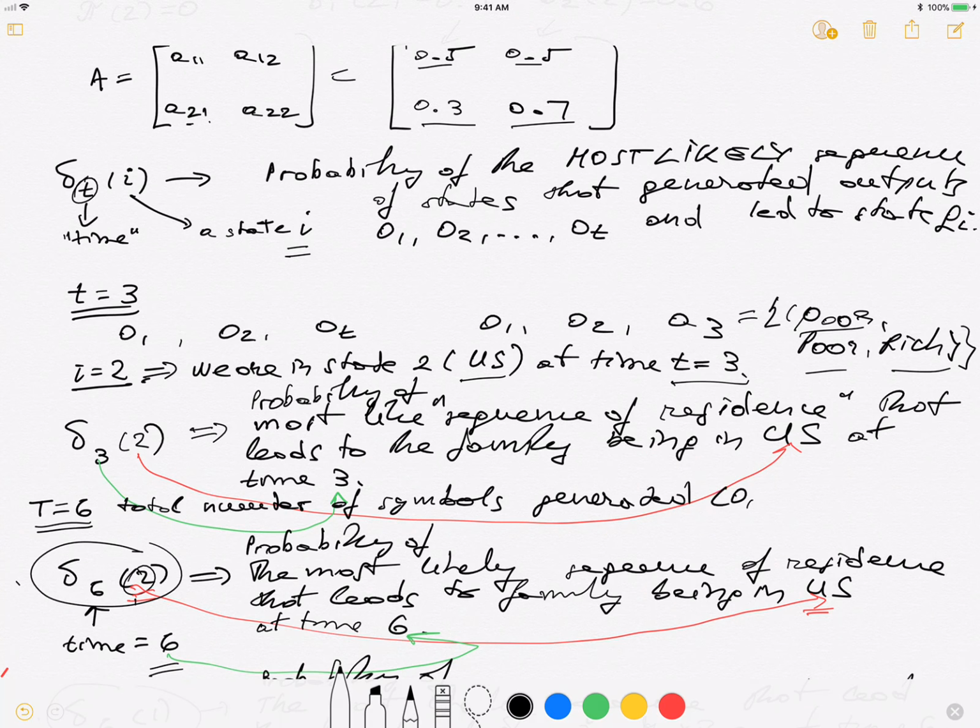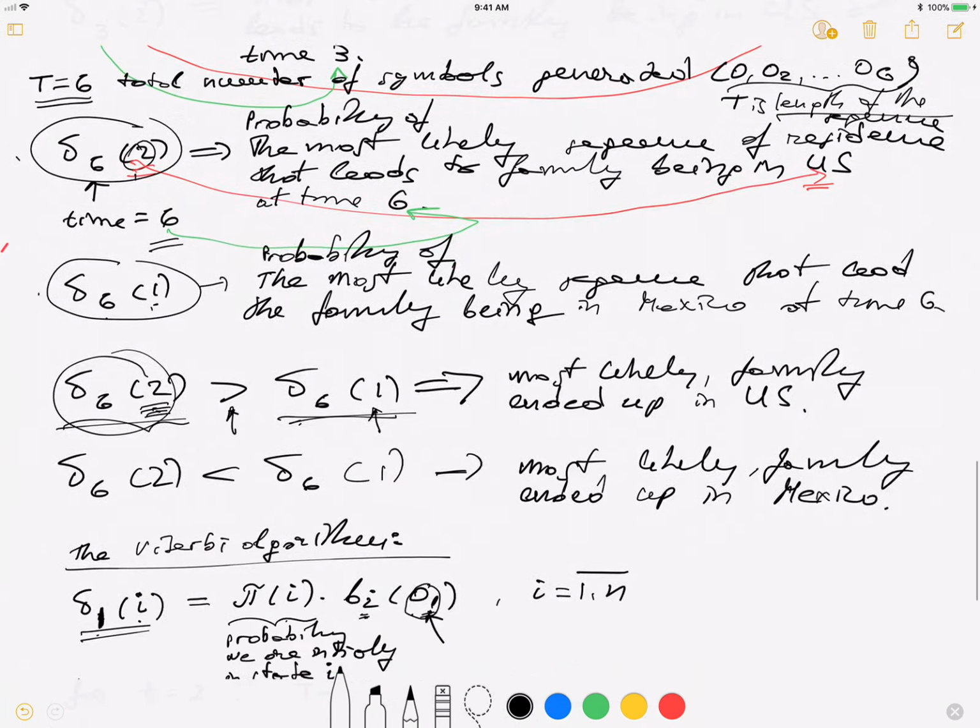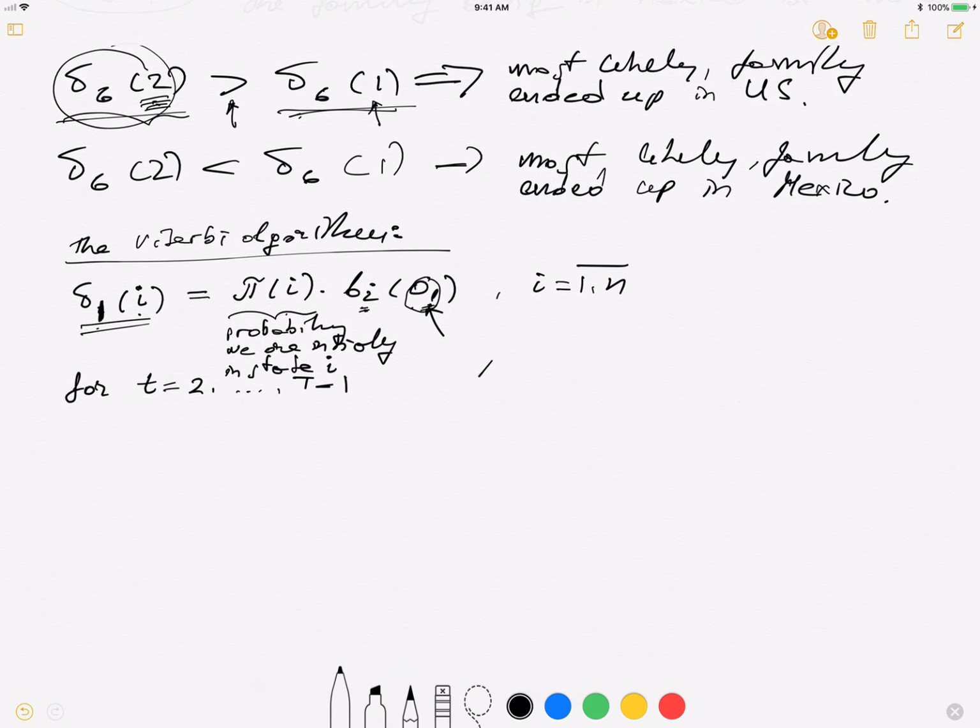Observe we generated O1, O2, up to O6. So T is the length of the sequence. So now, as you can see, we have this for loop, and in this for loop, I do the following.